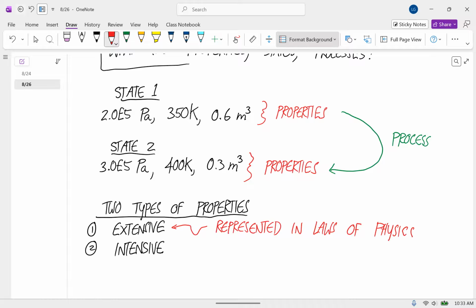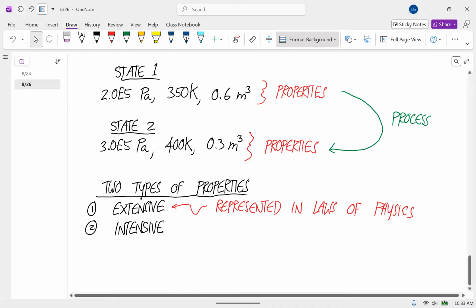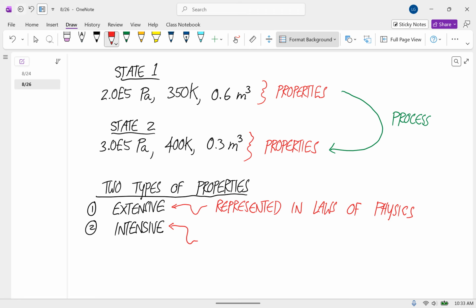But intensive properties are going to be important to us because we'll be able to look them up. And we'll talk more about that in a couple weeks. So this is more common for us because we can look these up.